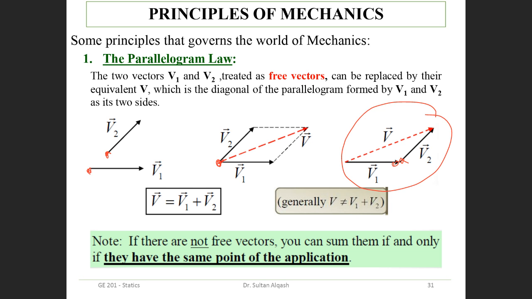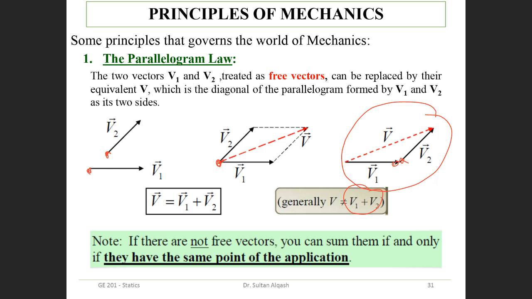Generally, when adding two vectors or three vectors, it takes this shape, but the magnitude of the resultant is not necessarily equal to the sum of the magnitudes of V1 and V2. Clear? This is really clear. We are adding vectorially, not arithmetically or algebraically.